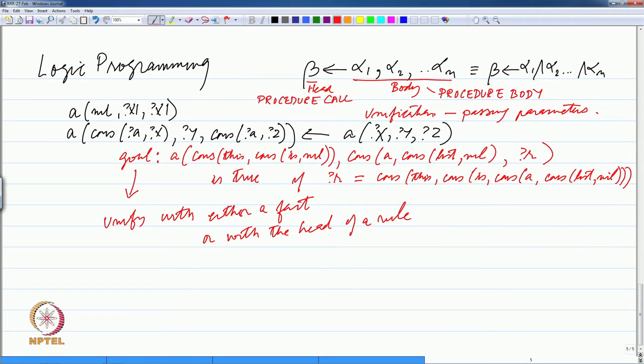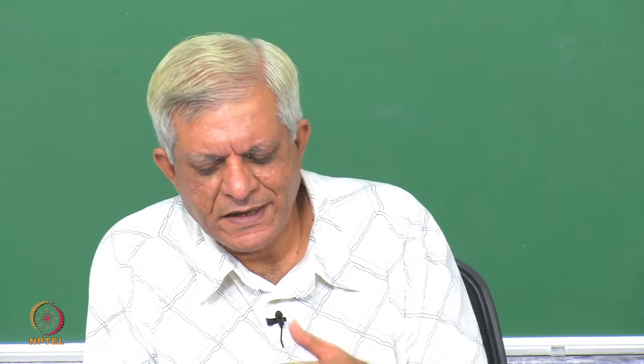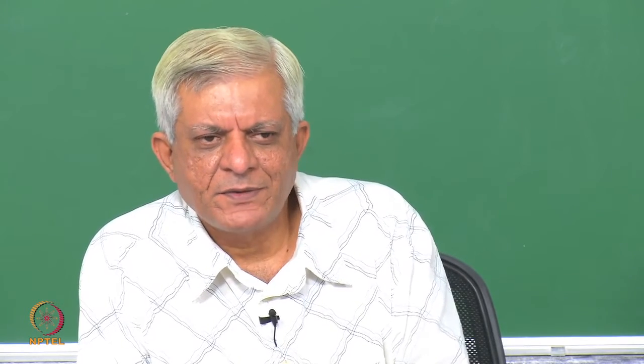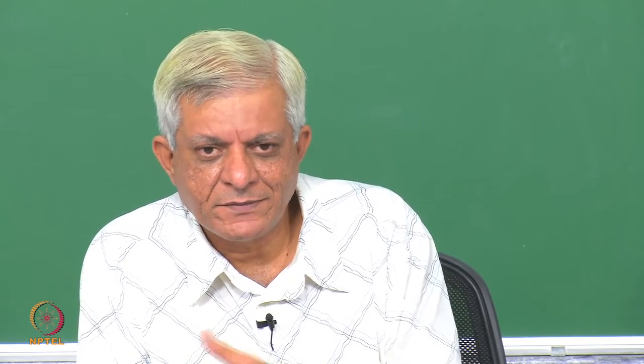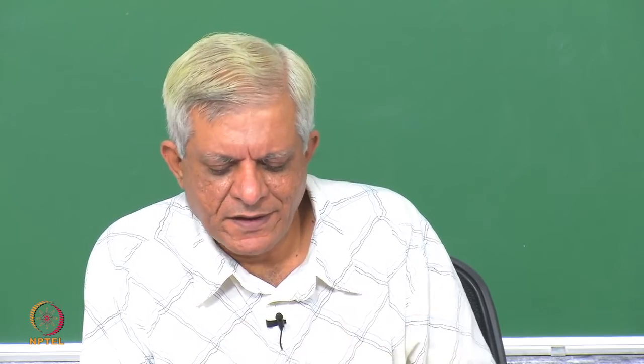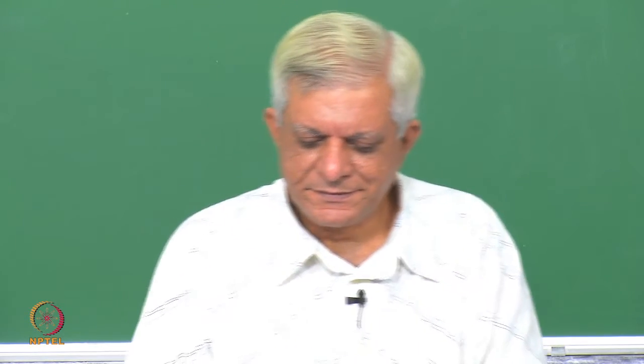If it matches a fact, then you are done, it is true. If it matches the head of a rule, then move to the body. In our case, of course, the body has only one formula, so life is simple for us. Maybe we will also pay some attention to what happens if the body has more than one formula.